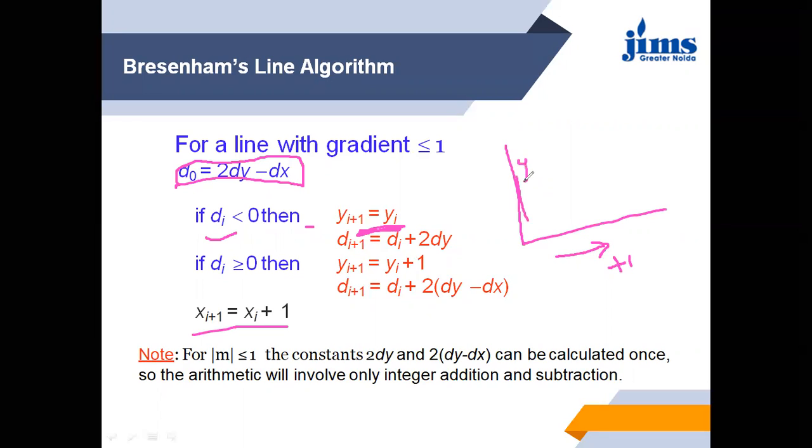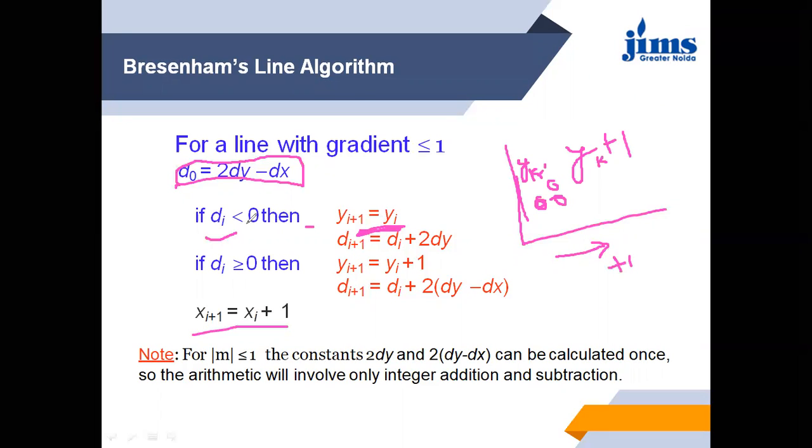So suppose my current value is yk. It can be the same value or it can be the upper one. So it can be either yk or yk plus 1. We have to decide which pixel we have to select.